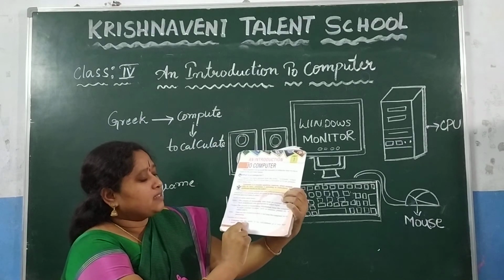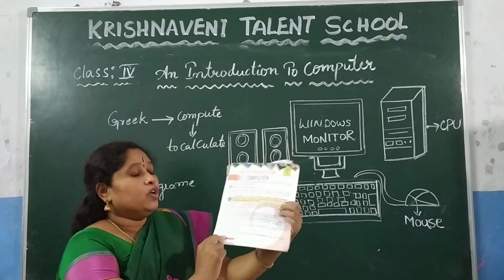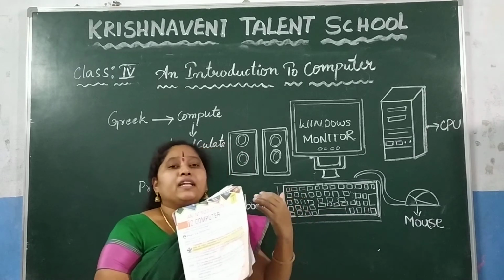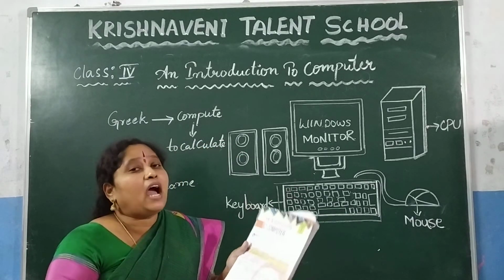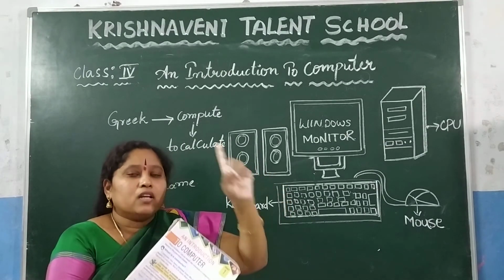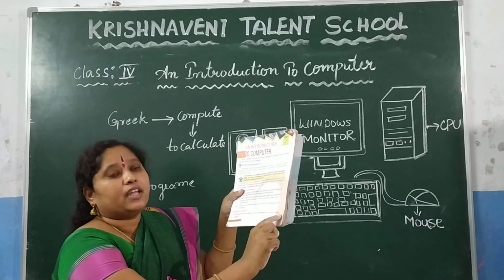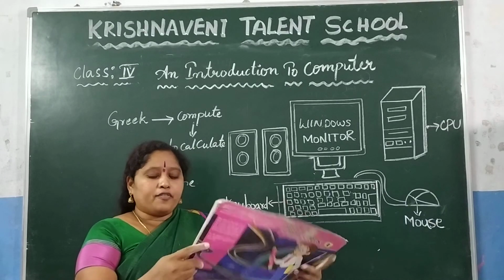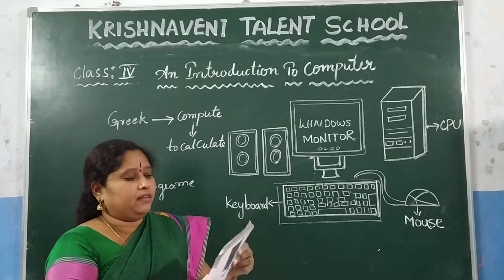Now let us see what are the features of a computer. The computer has the ability to do calculations at very high speed. So the first feature of the computer is that it will perform any calculations at a very high speed.